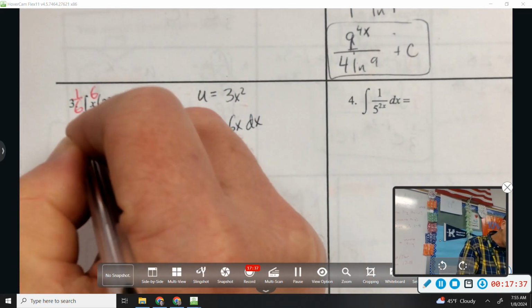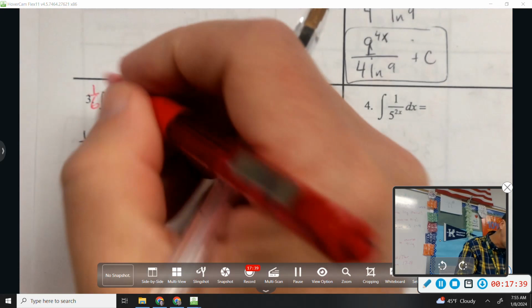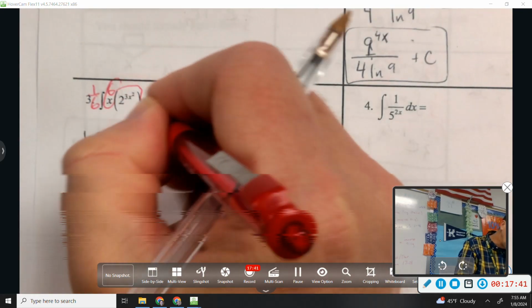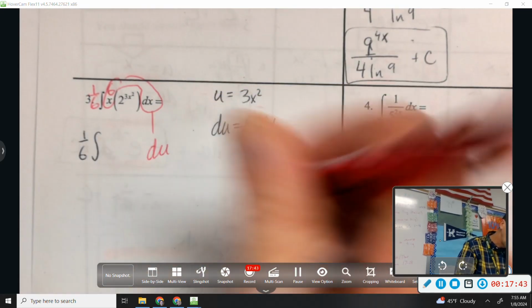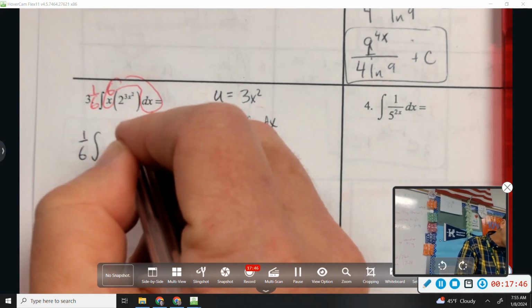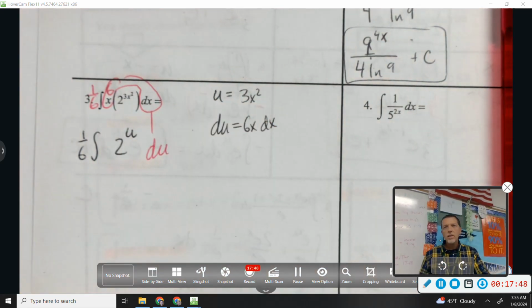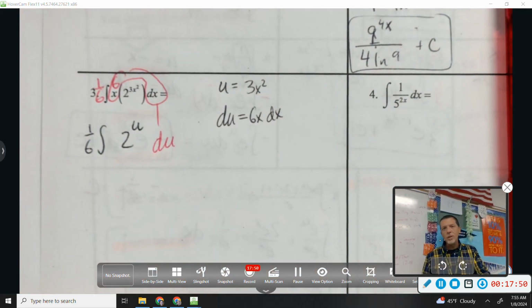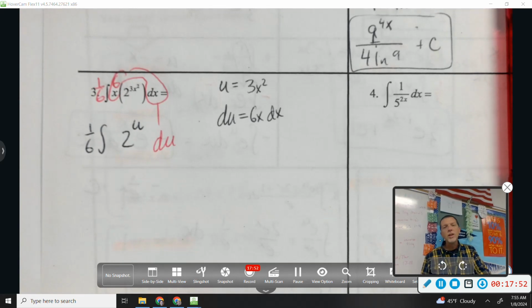So 1/6 antiderivative, and then all of that stuff is du, and the exponent was u. And so, as always with u substitution, you take something that looks terrible and you get it to something that looks easier, right? Maybe not easy, but simpler.